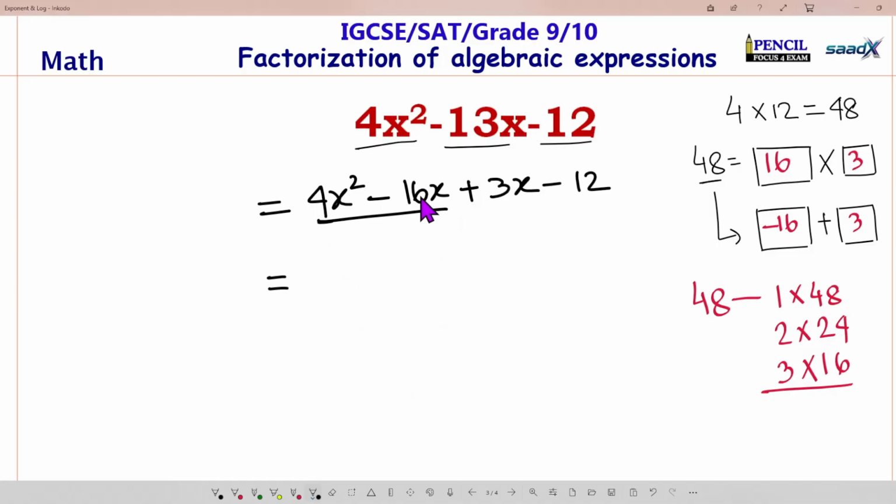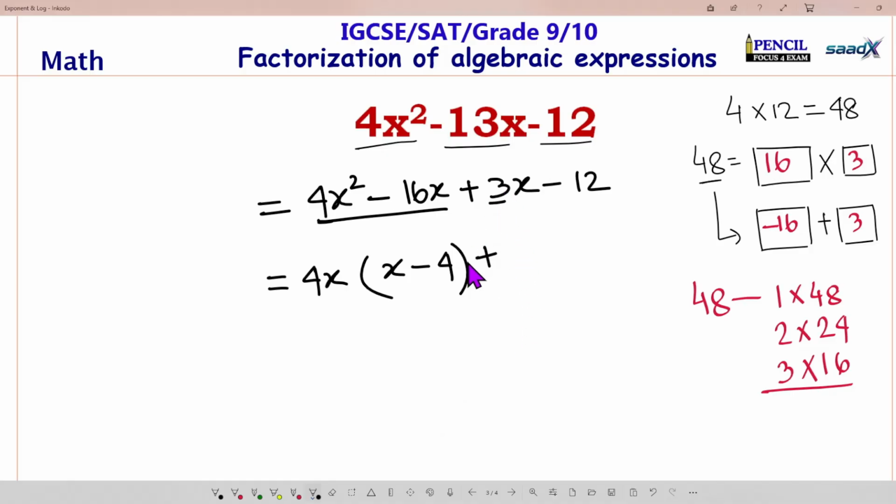Here is 4 and here is 16. We can take common 4. Here is x square and here is x. We can also take common x. So 4x square divided by 4x will be only x, minus 16 divided by 4 is 4, x divided by x is 1. So here is only x minus 4, plus 3.